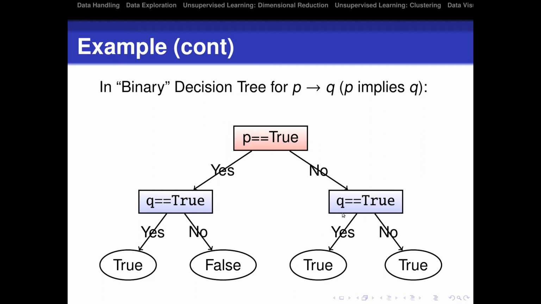So this more or less means that this splitting here is actually pure. And pure means it more or less doesn't give us information. That's why this node is more or less useless. We can just replace this whole node with true.